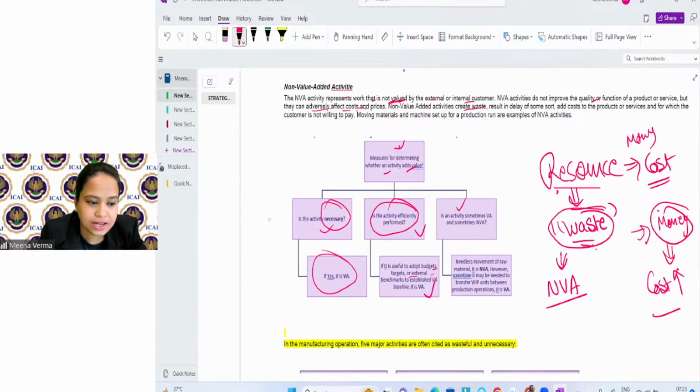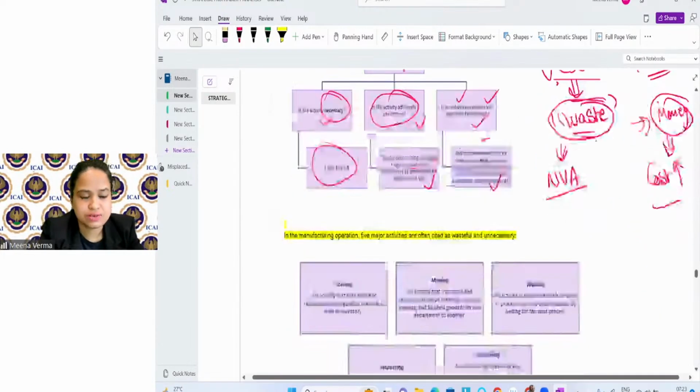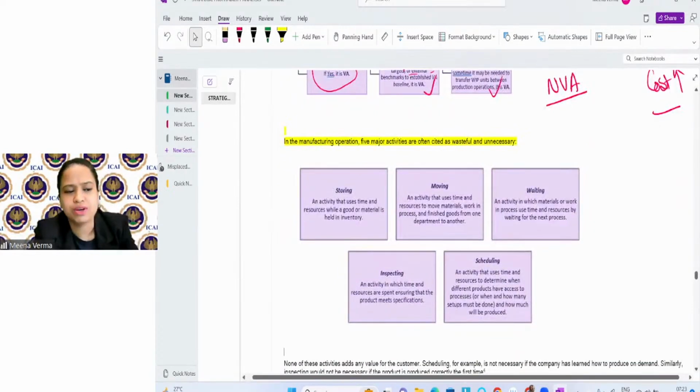If an activity is sometimes valuated, sometimes non-valuated, like needless movement of raw material, it is unnecessary. When you are moving the raw material, it is a non-valuated activity. However, sometimes it may be needed for work in progress to move, right? Then it is a valuated activity. It is mentioned that sometimes the same activity can be a valuated activity, can be a non-valuated activity.